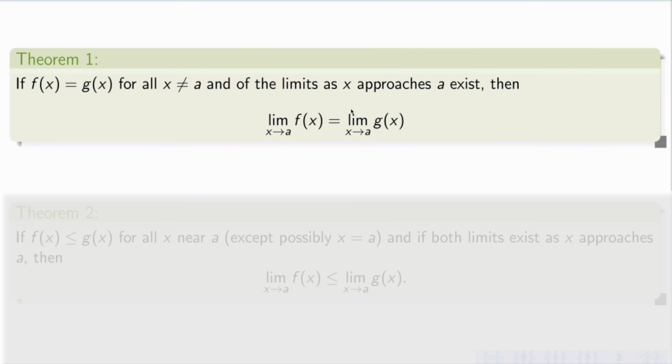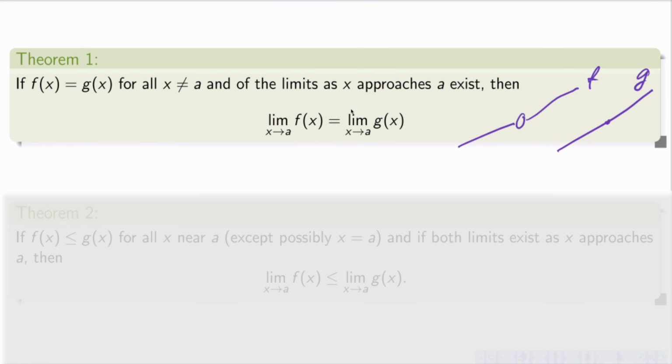Now here are two little theorems which allow us to deal a little bit more with limits. So for example, if you have two functions which agree everywhere except a point A, then you can say the limit as x goes to A, if it exists, is the same. So say you have one function, let's call it f, which looks like this, and you have another function g, which is the same function, but the value is included.